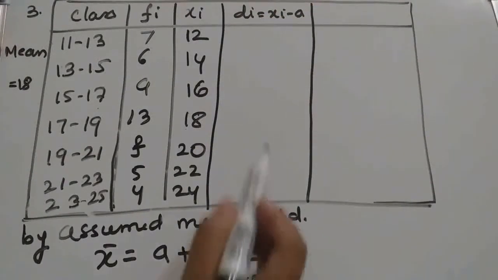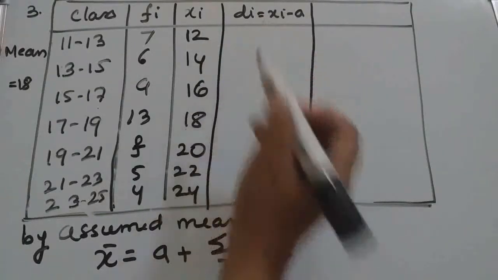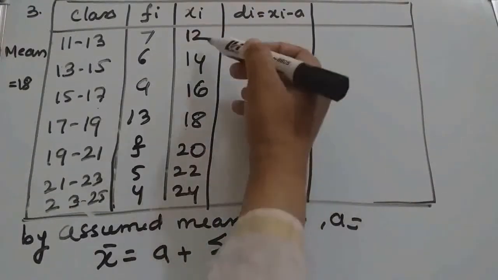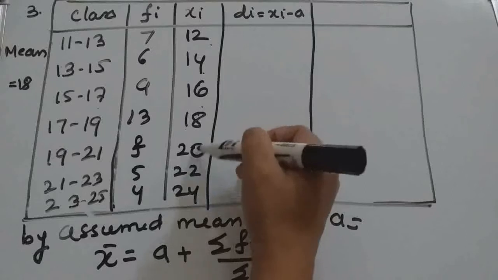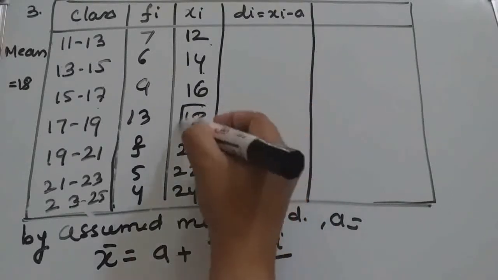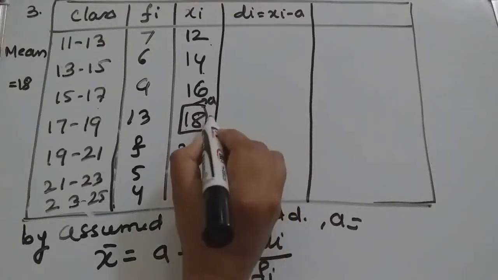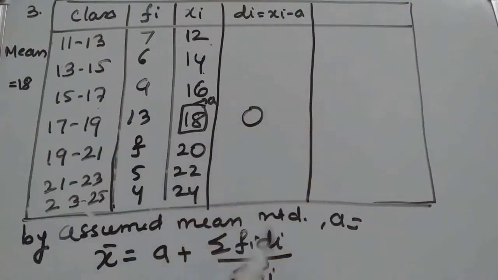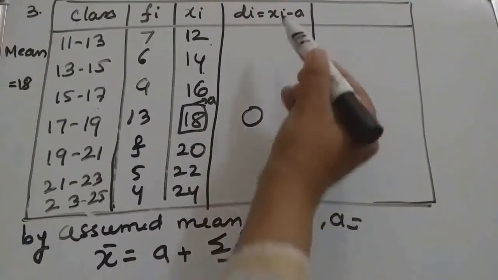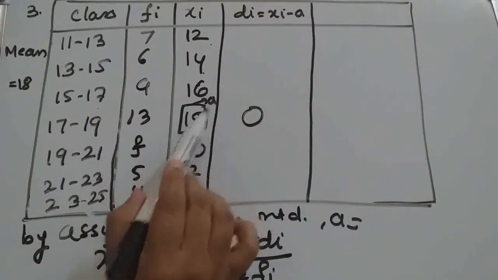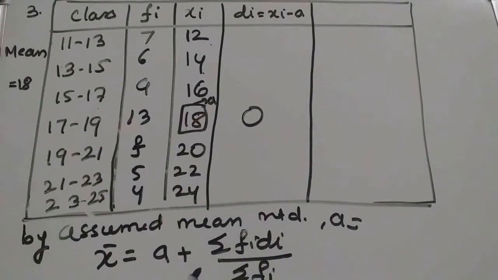So remember, first you should assume A. Suppose how many observations are there? 7 observations are there, so the fourth value you can suppose as A. In front of this A, the di value will definitely be 0, because Xi is 18 and A is also 18. So 18 minus 18 is 0.